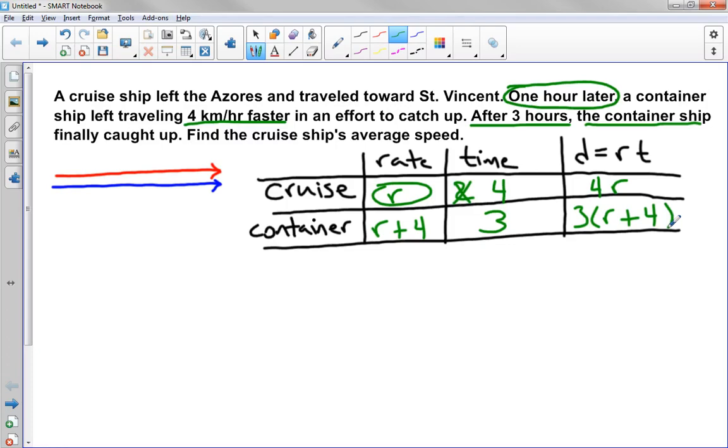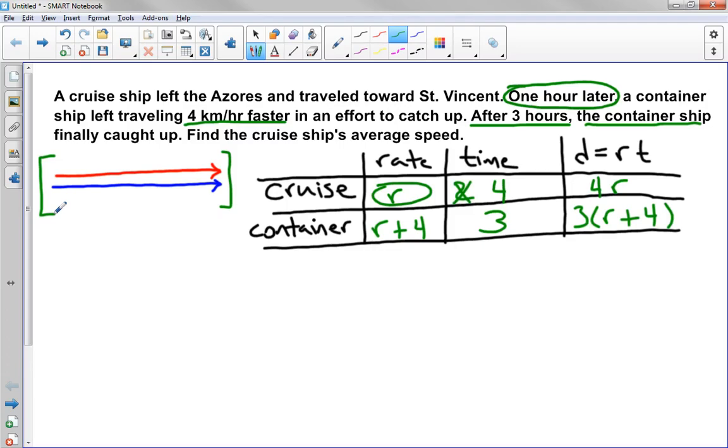So now I understand at least a little bit of information about the speeds, the times, and the distances for these two ships, and now I actually have to write an equation. And this is where it's important that you have drawn a diagram. If you're just going through the motions and looking at some examples that you might have done in class, or you're working with a friend, you might make the mistake of adding these distances together, because some problems are like that.